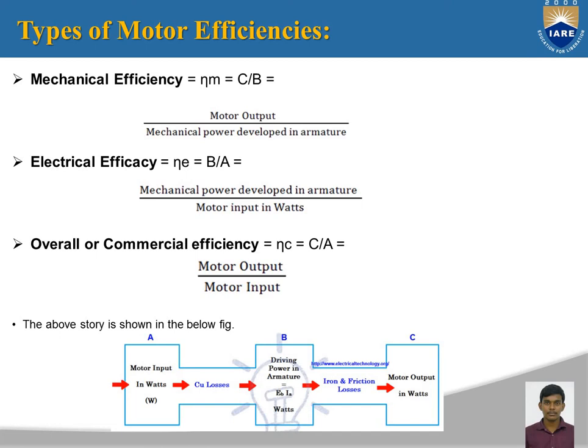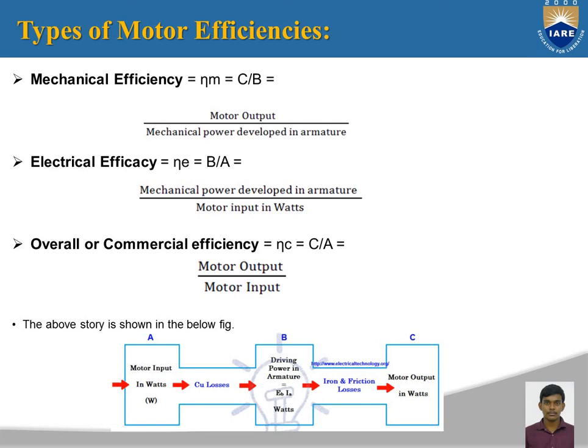A motor is nothing but a conversion of electrical to mechanical energy, but it doesn't transfer directly from electrical to mechanical. There is going to be a mediator. The mediator is B, the driving power in the armature. A and B belong to electrical, and B and C belong to mechanical.